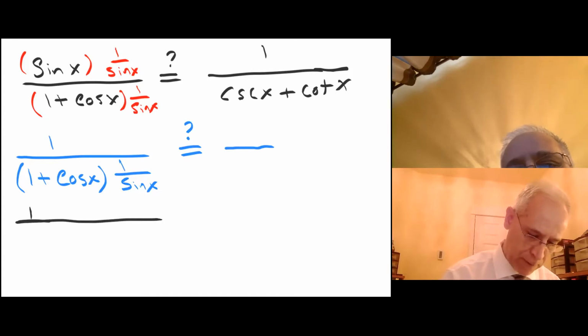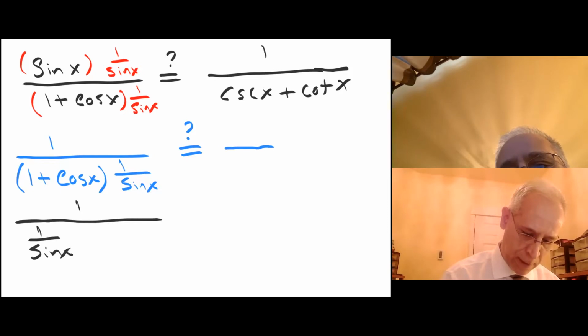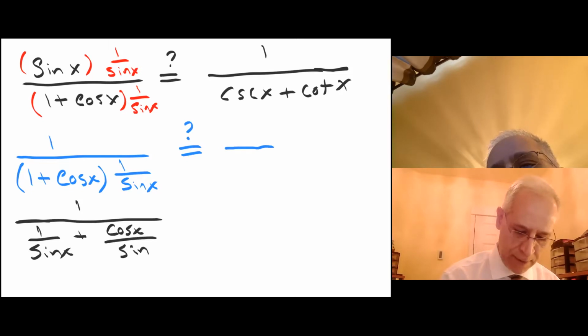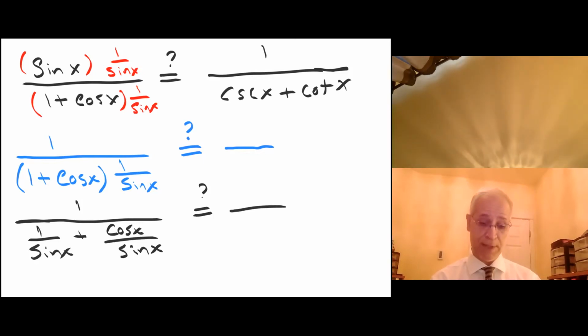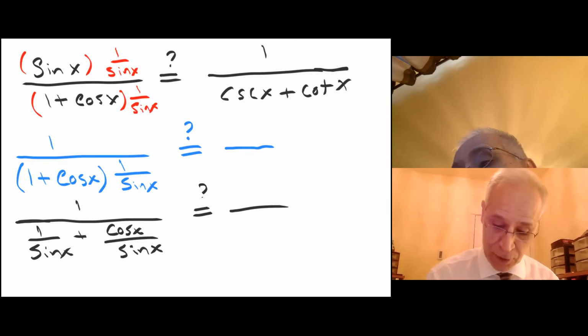So this was 1 over, 1 over sine of x plus cosine of x over sine of x. And does that equal the right-hand side? Yeah, we're getting closer. Look at this. Let me go to the next page.